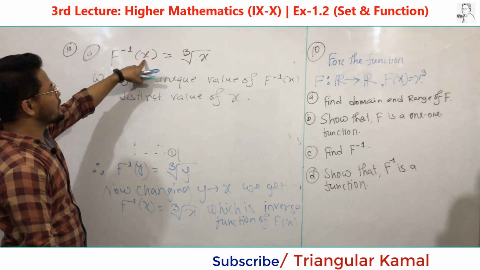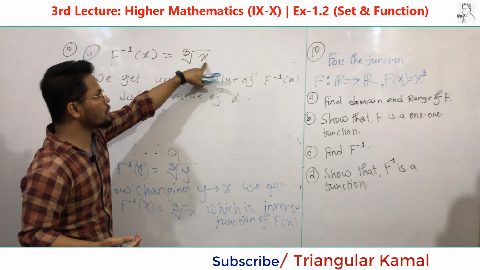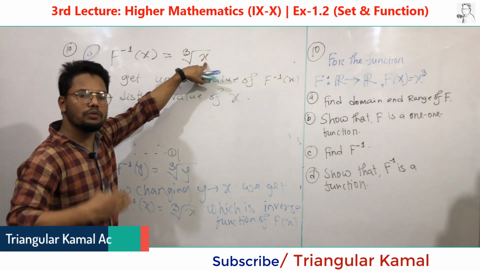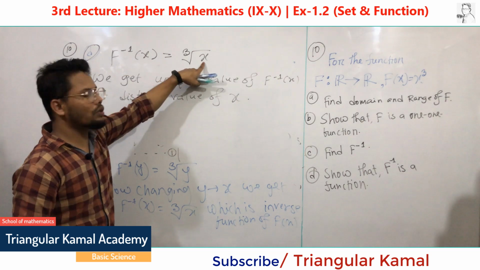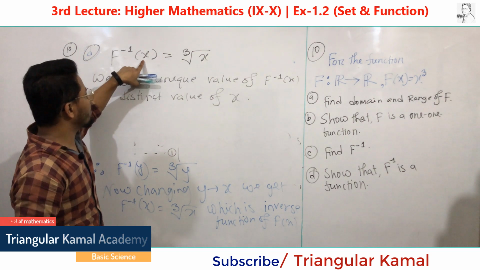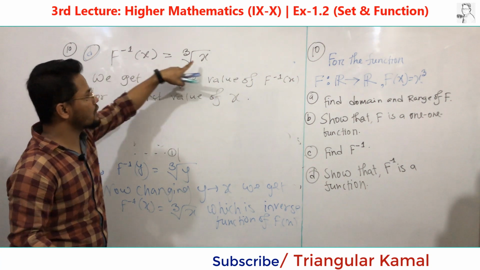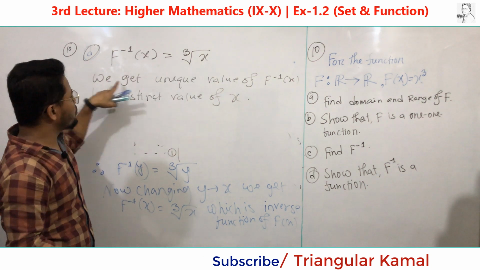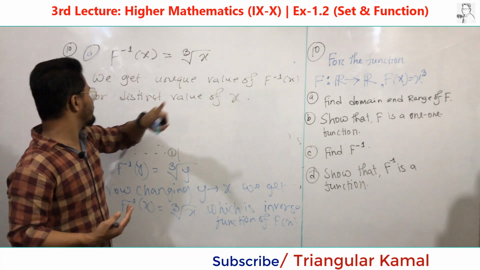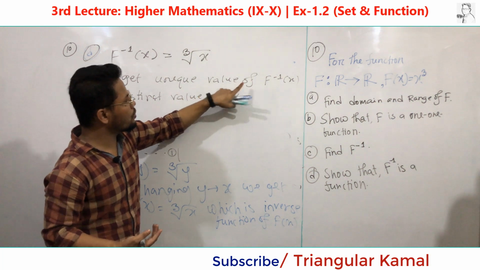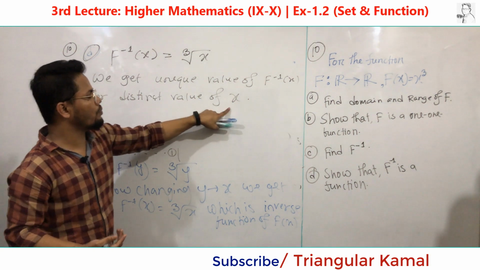Definitely when we apply different types of values like positive, negative or 0, we will get totally different values. That means outcomes will always be different. If you apply a positive number, you will get a positive number, and if you apply a negative number, you will get a negative number. If you apply 0, then the outcome will be 0. That's how we get the unique value. There are no repeating terms in outcomes. We get a unique value of f inverse x for a distinct value of x.